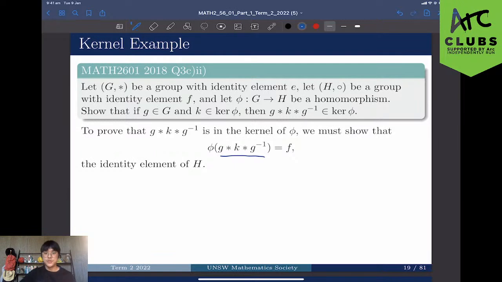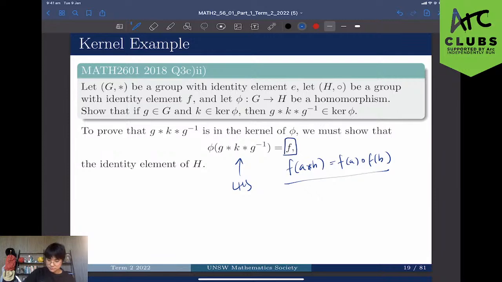So to prove this is true, we're going to start off with the left-hand side, and we're just going to keep breaking it up using the formula of the homomorphism that we are aware of. Once again, if it's a homomorphism, this is true. So we're just going to use this formula to keep breaking this up and simplifying what we get to hopefully get F.